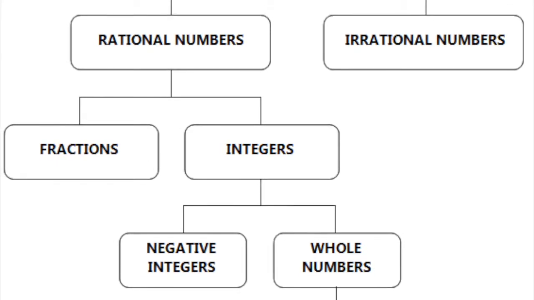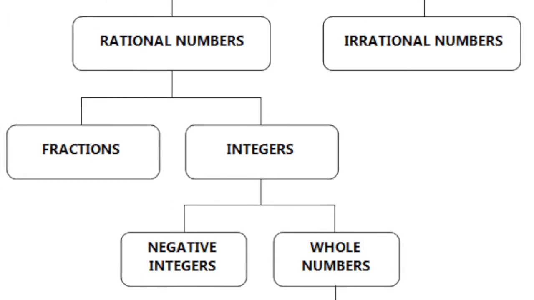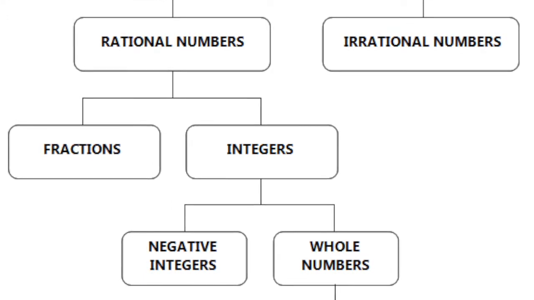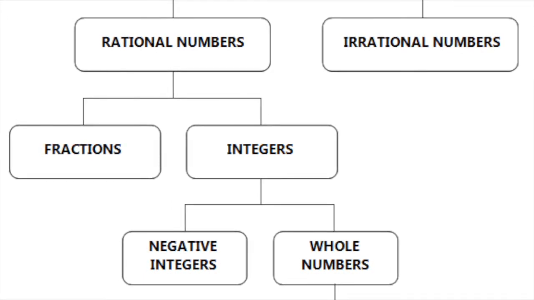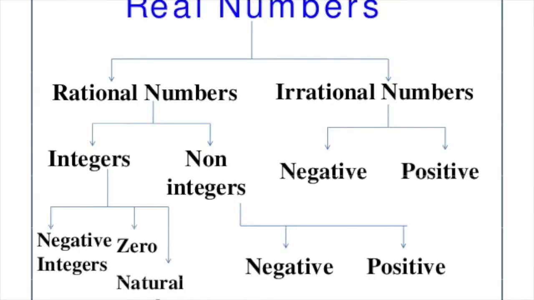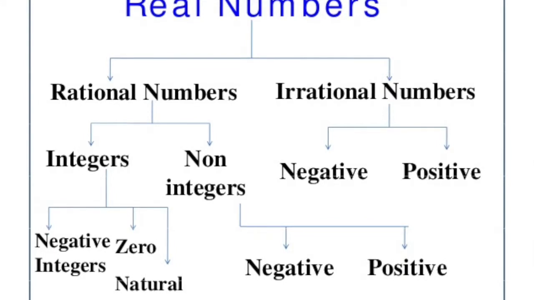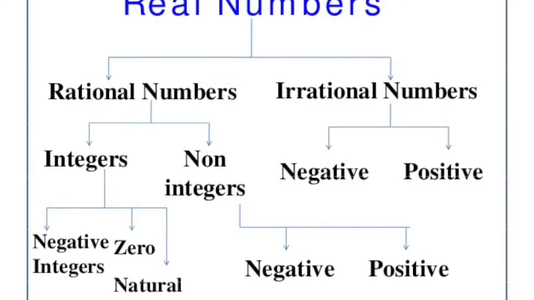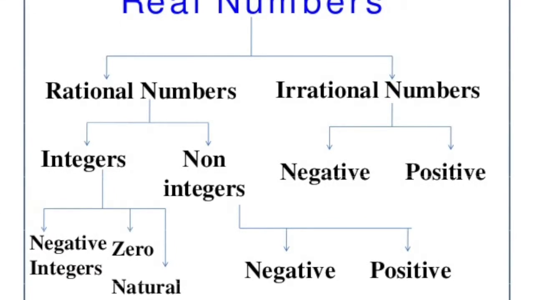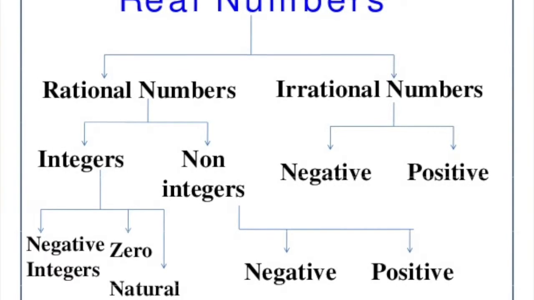Secondly, irrational numbers include negative numbers and positive numbers, such as -1, -2, which are negative, and the positive like +1, 2. It's a real number.